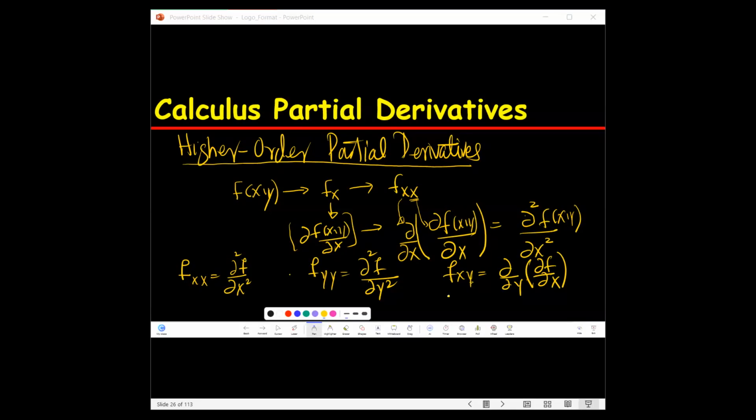I think this is what is written, right? fxy means you take the derivative with respect to x first, which is this, and the y is going to be going outside.